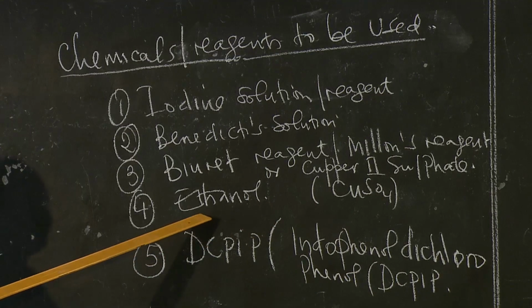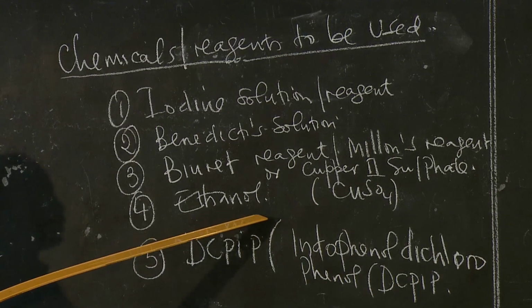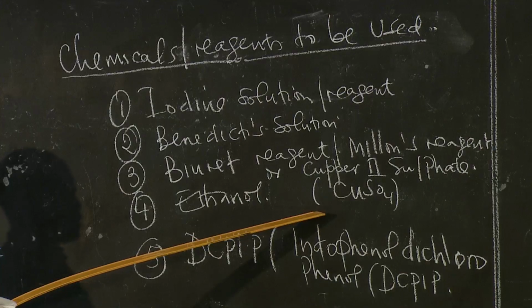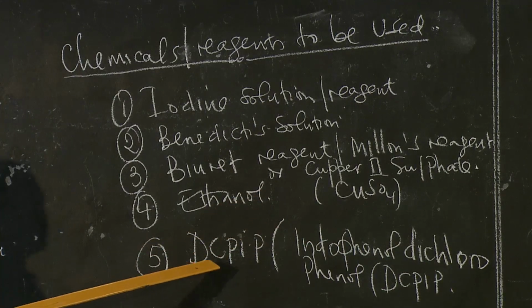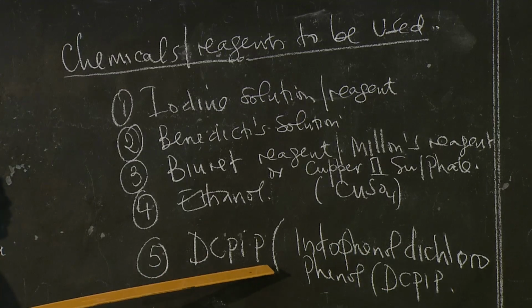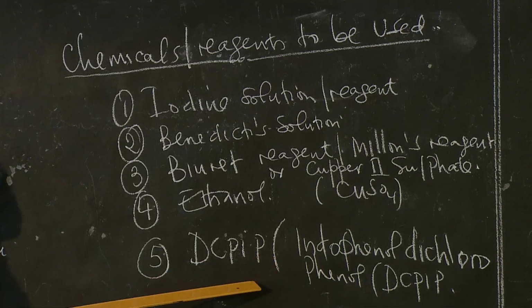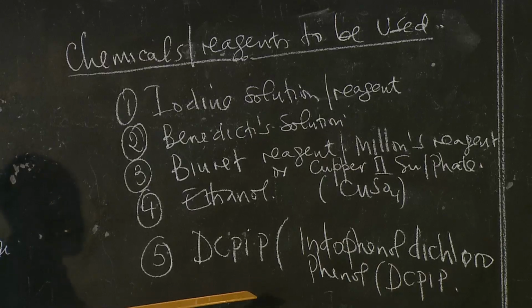We have ethanol, which is very important in testing fats, with examples like cooking oil. We have DCPIP, dichlorophenolindophenol, which is going to be used for testing vitamin C.